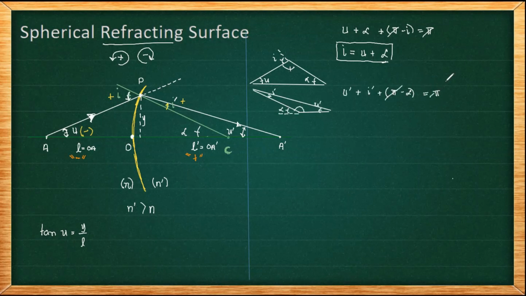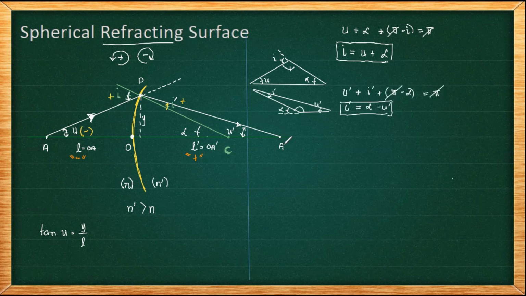So the pi's here are altogether cancelled, and we end up having I prime is equal to, this one goes to the other side, so alpha minus U prime. So these two equations are from these triangles taken from this figure.